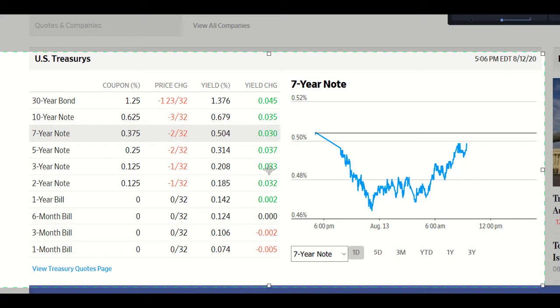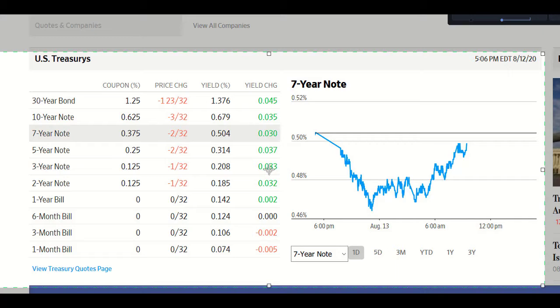There's an inverse relationship, which is why you see what's in the red or the orange column there for price changes as being negative translates into a positive yield in green on the last column of numbers in the table. Then so also you see the 30-year bond is generating a yield, that's a yield to maturity, of about 1.376. 1.4% is the yield per year on a treasury bond.